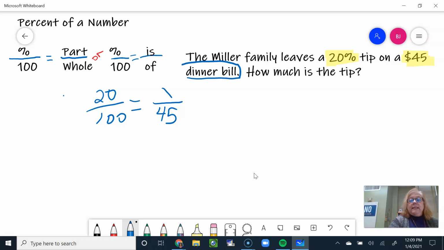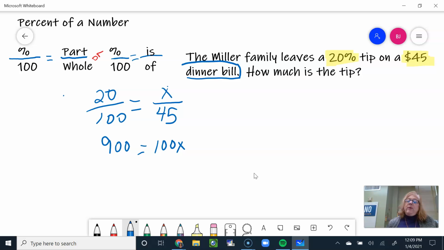So we're going to put our X here, and then we're going to cross multiply, and then we're going to divide. So we're doing our cross product here. So 20 times 45 is 900 equals 100x.